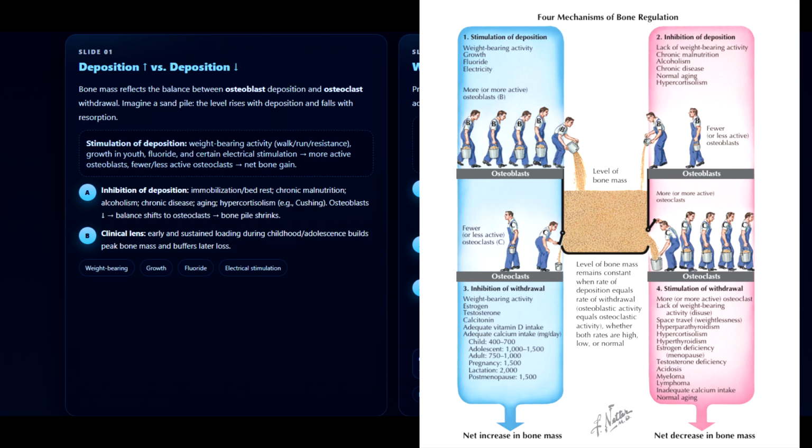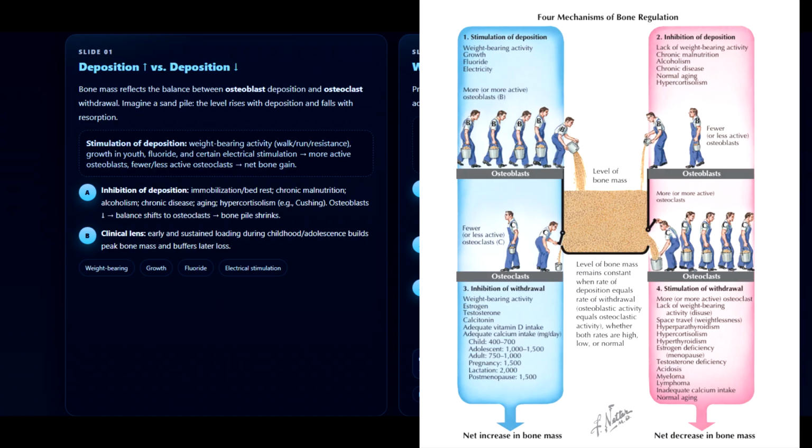Chronic malnutrition, alcoholism, and many chronic diseases have the same effect, as does normal aging and states of high cortisol, such as Cushing's syndrome. With fewer osteoblasts at work, the balance tips toward osteoclasts, which remain active. Over time, the bone pile diminishes, and this contributes to osteoporosis and fragility fractures in older adults.